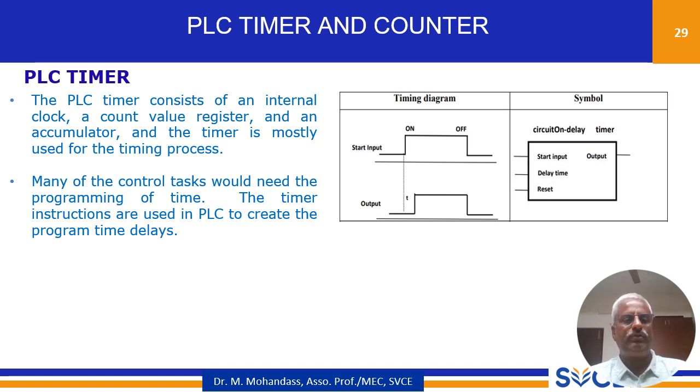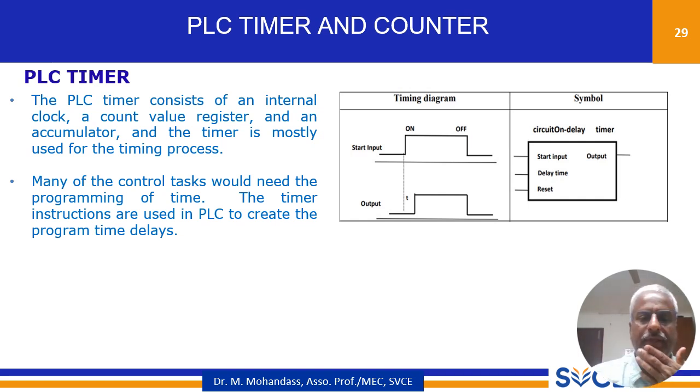Like that, in a PLC also there is a virtual timer. It is the internal clock, with a count value register and an accumulator, and the timer is mostly useful for timing processes. Many control tasks need the programming of time. The timer instructions are used in a PLC to create program time delays.